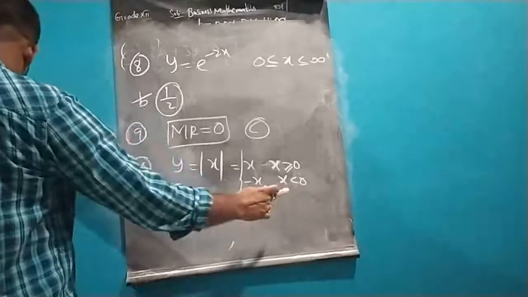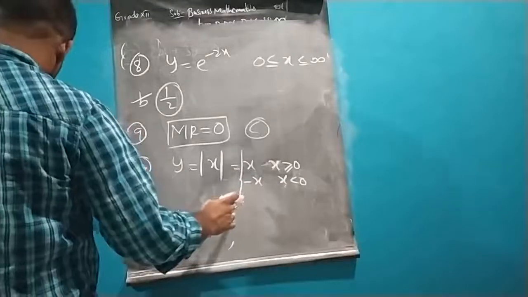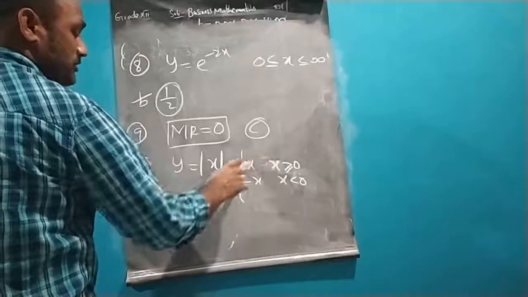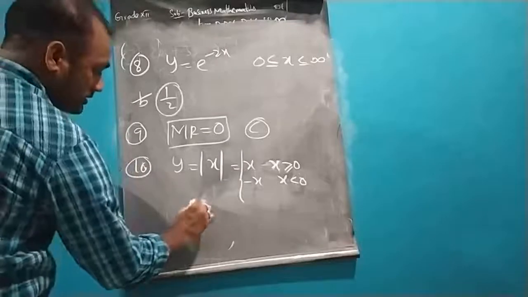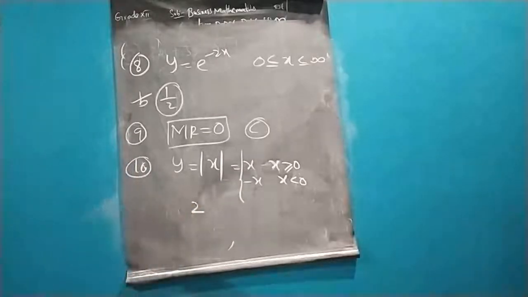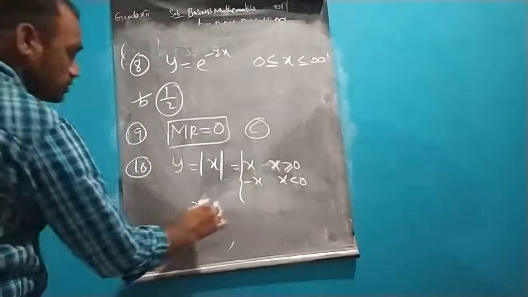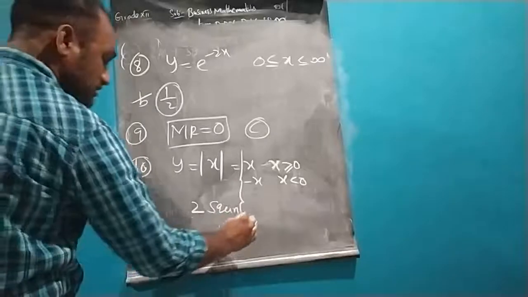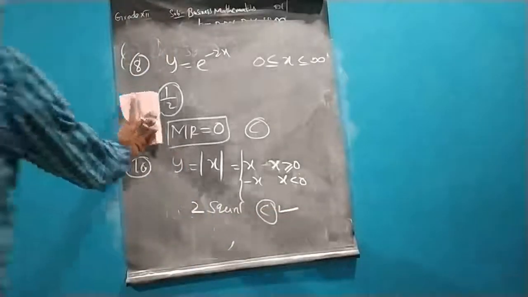If I substitute 0, the answer will be 0. If I substitute 2, it will be greater than 0, so the x value will be 2. So the answer is 2 square units. Which option is correct here? Option C is correct. Next, let us see the 11th question.